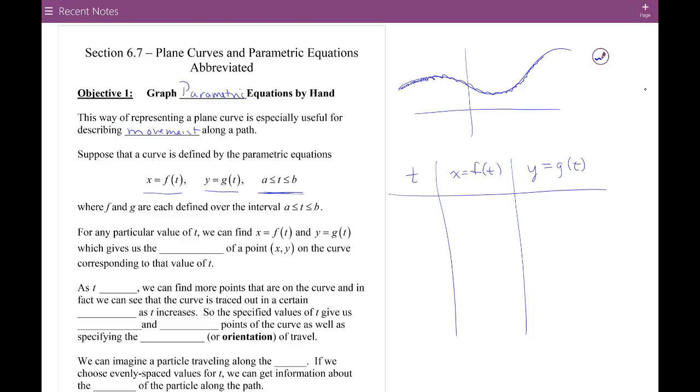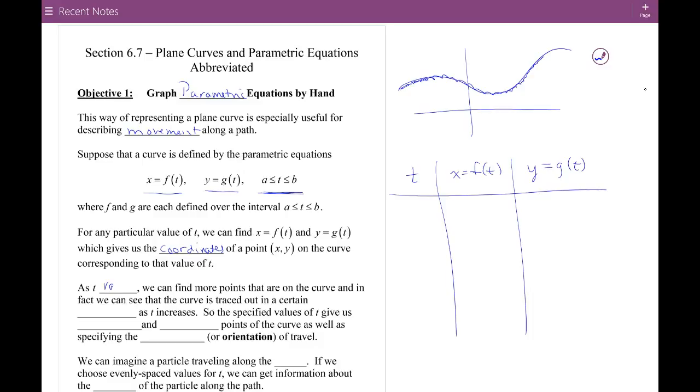So for any particular value of t, we can find the x and find the y, which gives us the coordinates of a point, x comma y, on the curve corresponding to that value of t. Now t can either be discrete values like 0, then 1, then 2, then 3, or it can be continuous. It just depends on what it is that you're trying to represent.